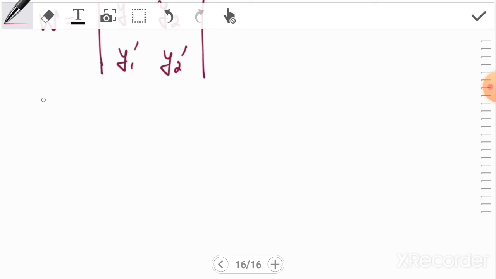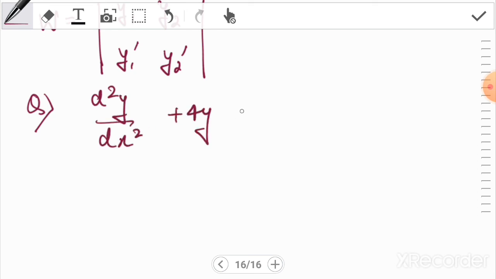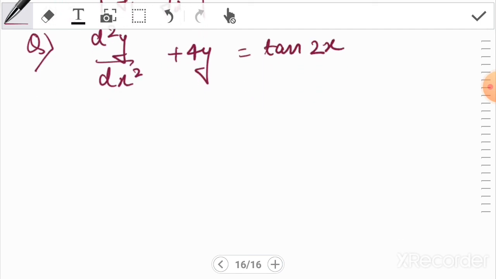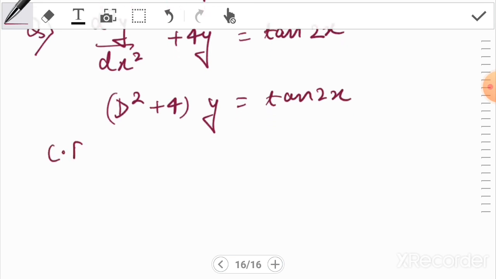Let us solve a differential equation by this method. So d square y by dx square plus 4y is equal to tan 2x. So in symbolic form we can write this as D square plus 4 y is equal to tan 2x. To find complementary function we need to find auxiliary equation.